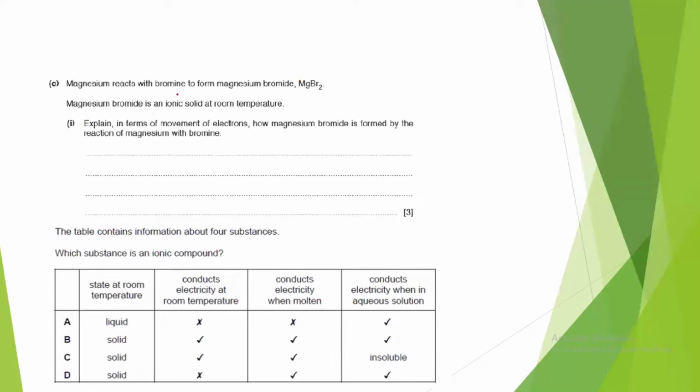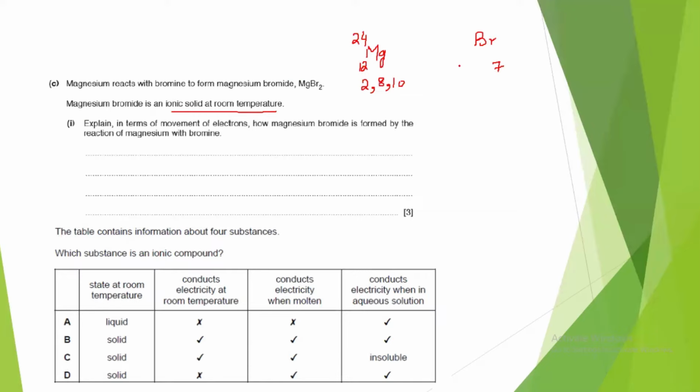Magnesium reacts with bromine to form magnesium bromide. Magnesium bromide is an ionic solid at room temperature. Explain in terms of movement of electrons how magnesium bromide is formed by the reaction of magnesium with bromine. We know that magnesium is basically 2,8,2, and bromine has 7 electrons in its outermost shell.